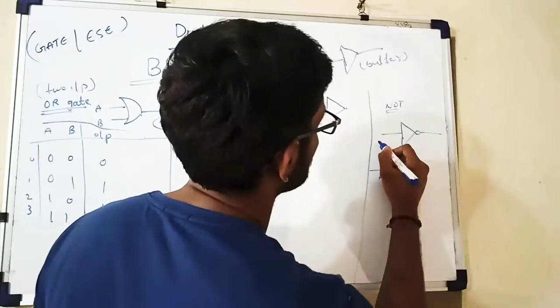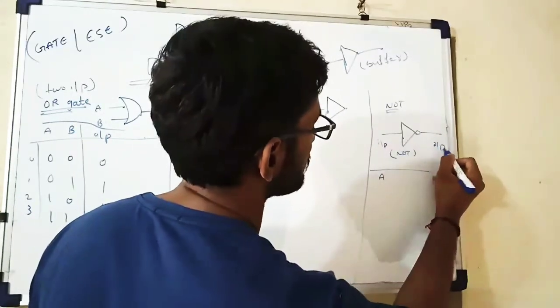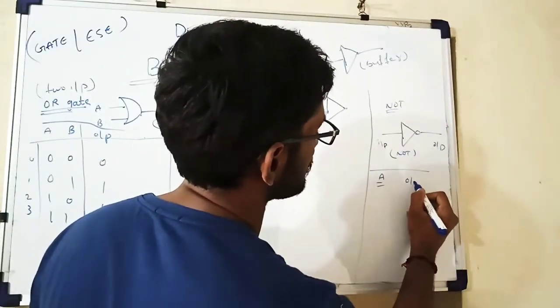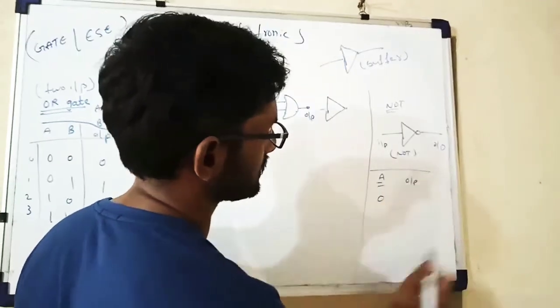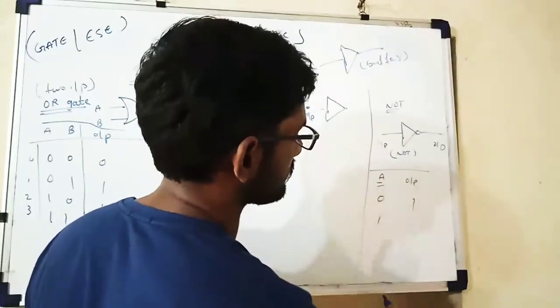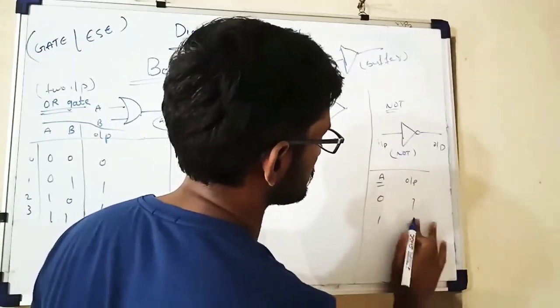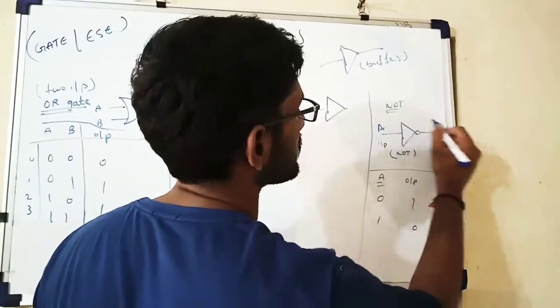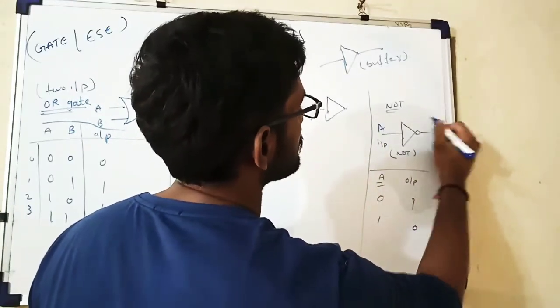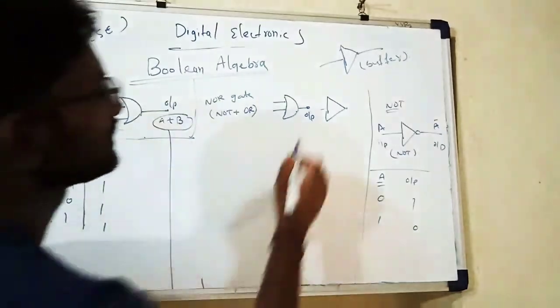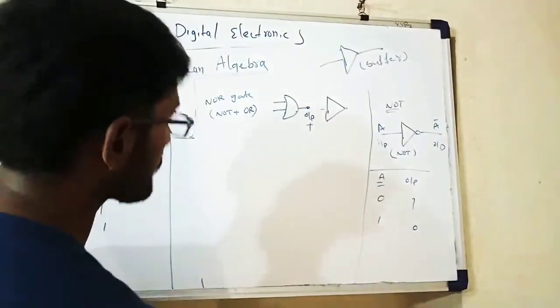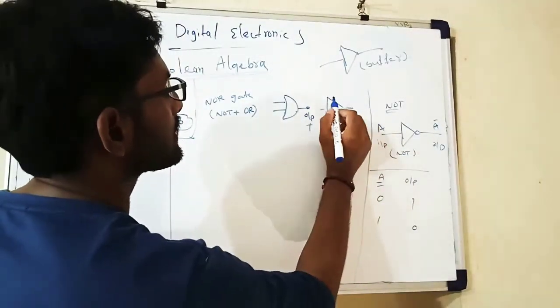The NOT gate has only one input and one output. If the input value is 0, the output will be 1. If the input is 1, the output will be 0. If we give A as input, the output will be A complement. This is the NOT gate.